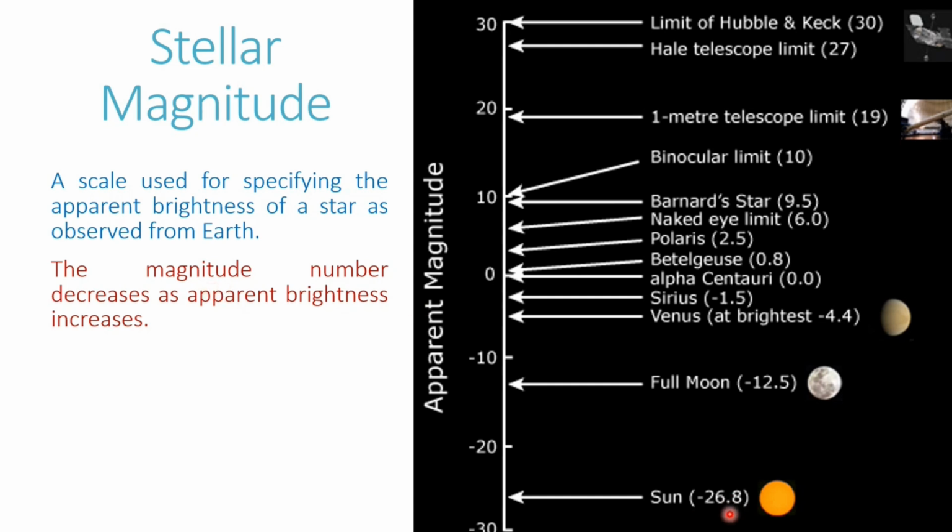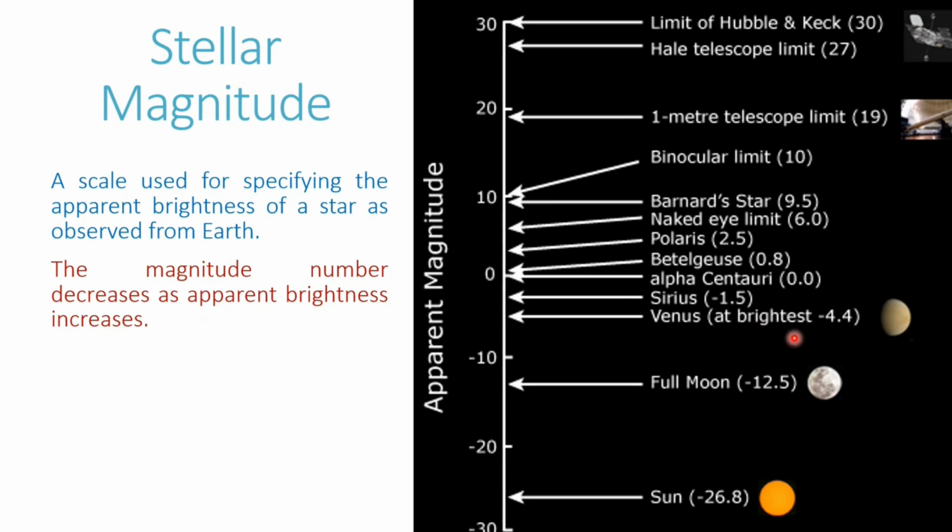The magnitude number of the sun is minus 26.8. Now, after the sun, we have the moon, the second brightest body in the sky, and the stellar magnitude of the moon is minus 12.5. Then after the moon, we have the planet Venus.